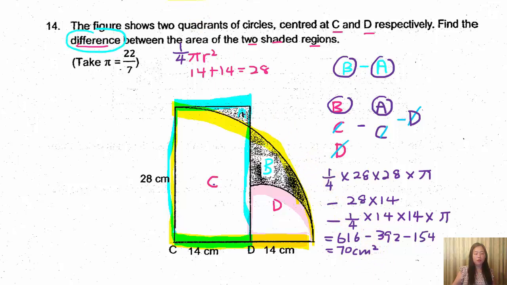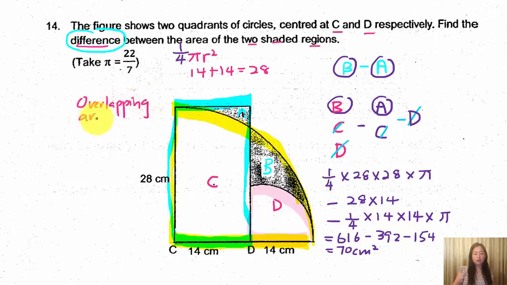Let's recap what we have learned here. We learned that it's okay to see weird shapes here as long as we know the formula of all the basic shapes that we have learned. And since there are some overlapping areas here, the concept that we can learn here is overlapping area.